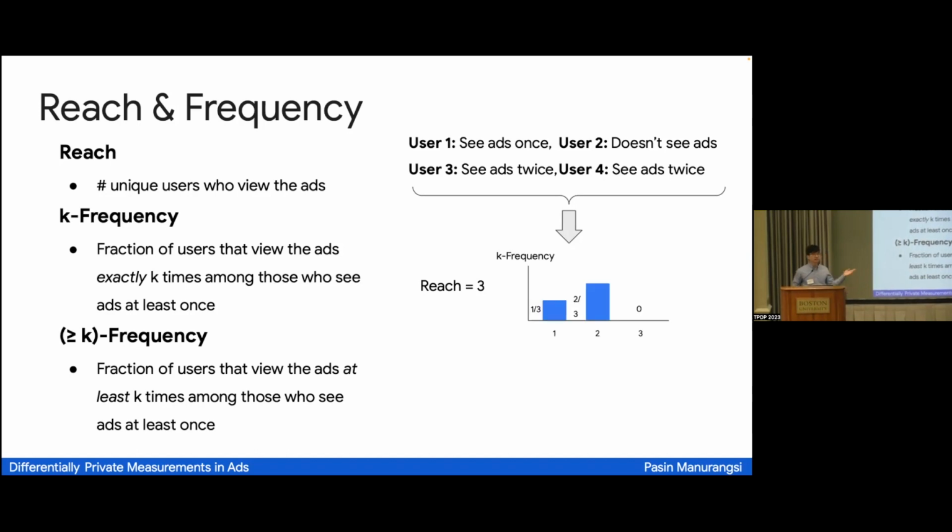And then in terms of K frequency, the one frequency would be 1/3 because exactly 1 out of these 3 users sees the ad once. The second bucket would be 2/3, and the remaining bucket would be 0. And greater than or equal to K frequency would be 1/1, 2/3, 0, for example.